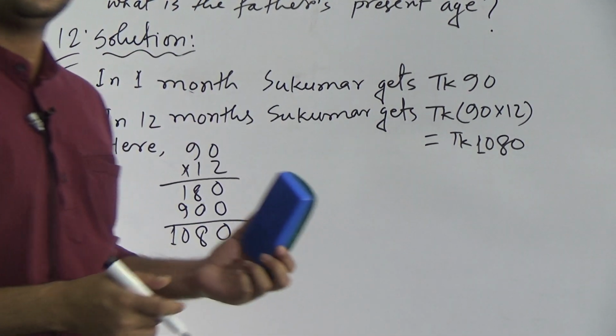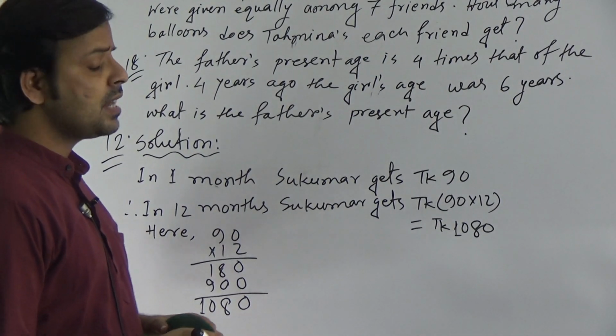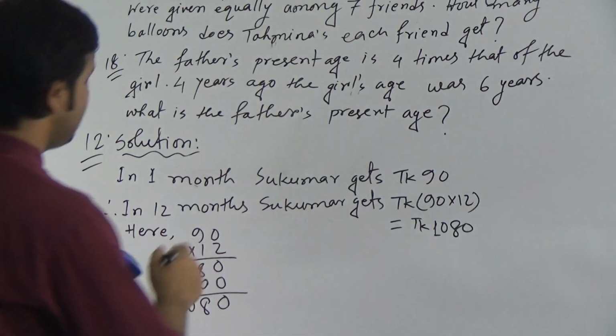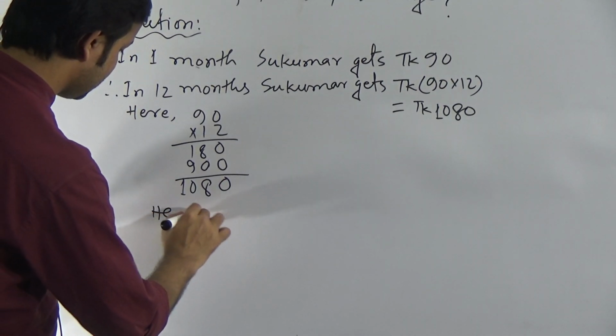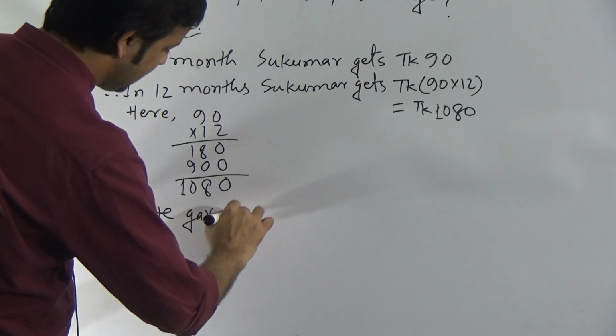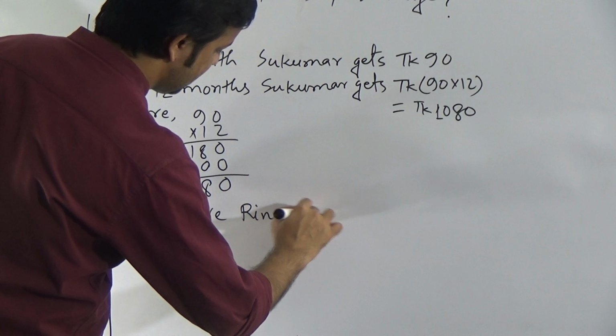From this money, he will give Rina taka 95. It means that he gave Rina taka 95.